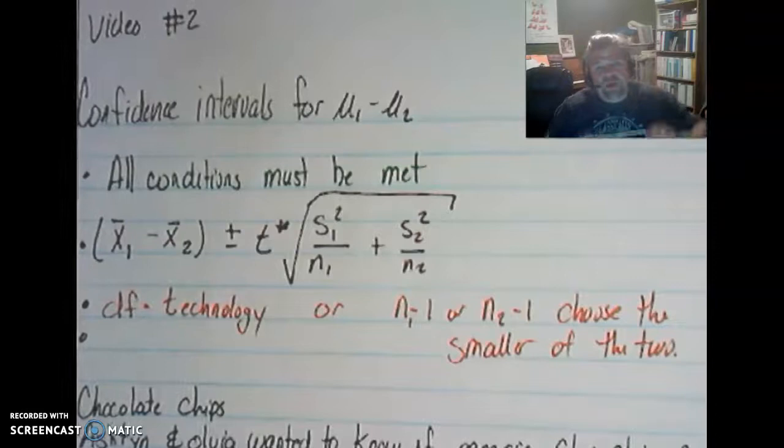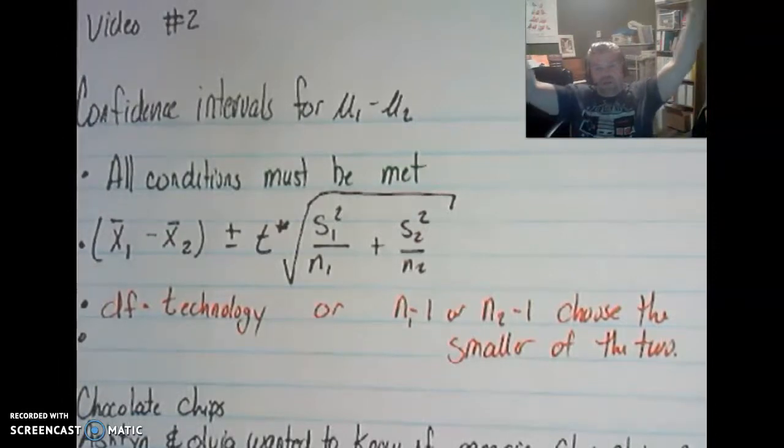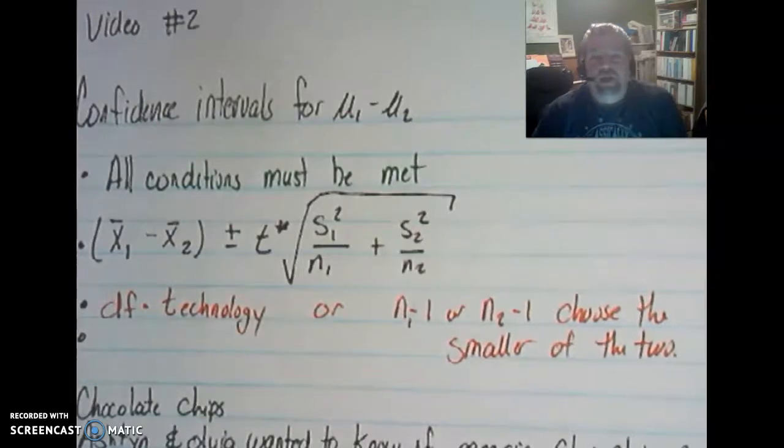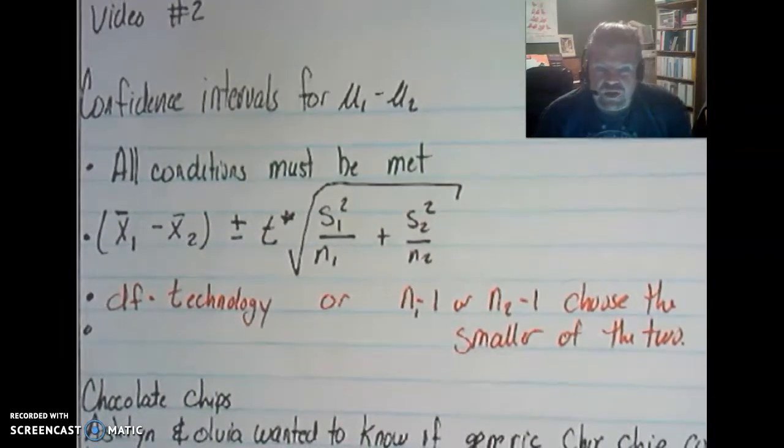If they're both the same, then you're okay. It doesn't matter which one you choose. If one is smaller, that's the degrees of freedom you're going to use in your chart.